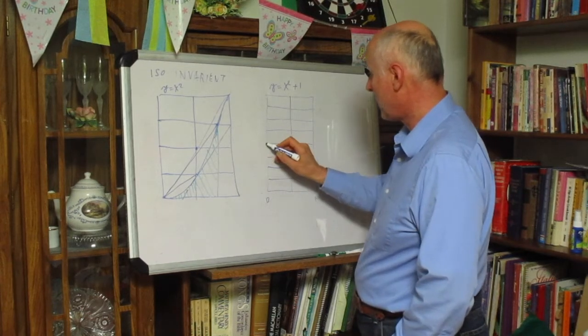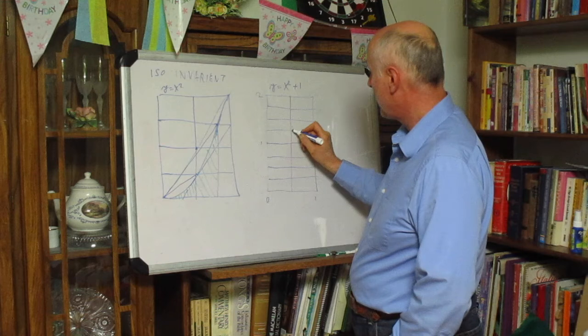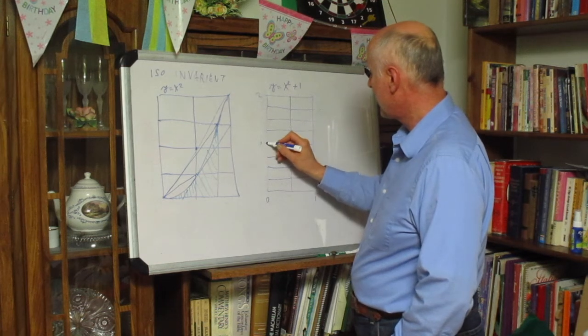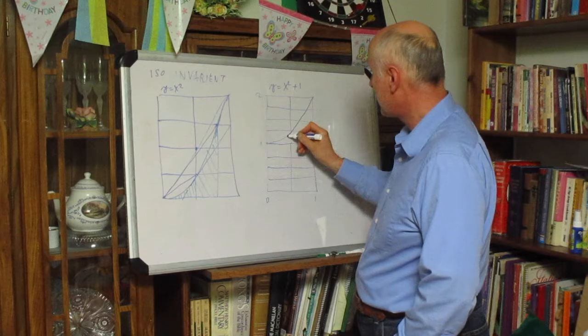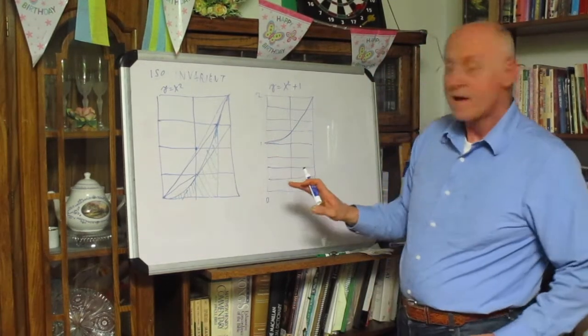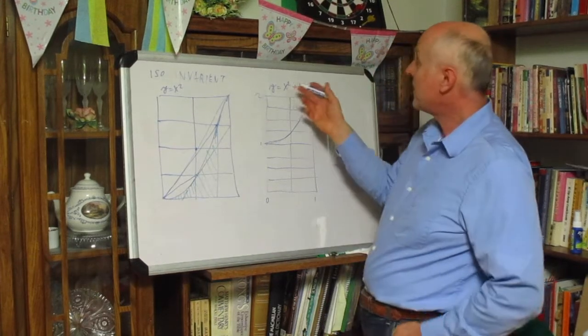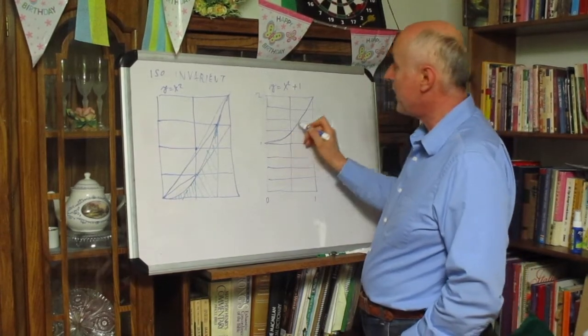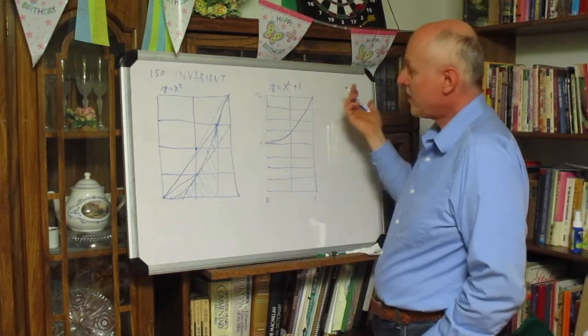Here's our 1, so this is 2. X squared plus 1 looks like this. See that? So is this thing Iso Invariant at every point? I'll show you that it's not.